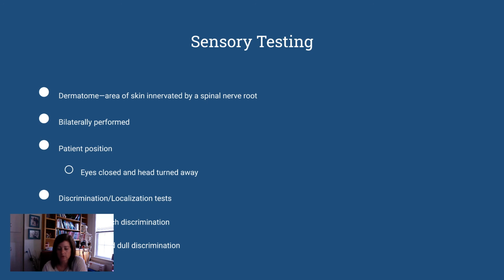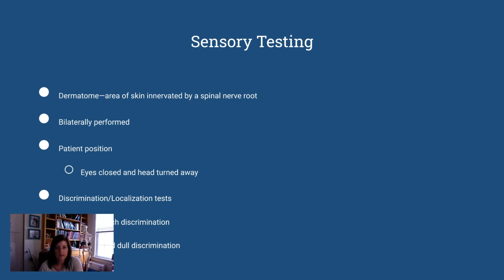We'll start the neuro screen with sensory testing. So we're basically testing dermatomes of the upper and lower extremities. You've got a couple of resources for this. Again, dermatomal maps aren't perfect, and you're going to see some differences between references, so just have a reference for what you do.